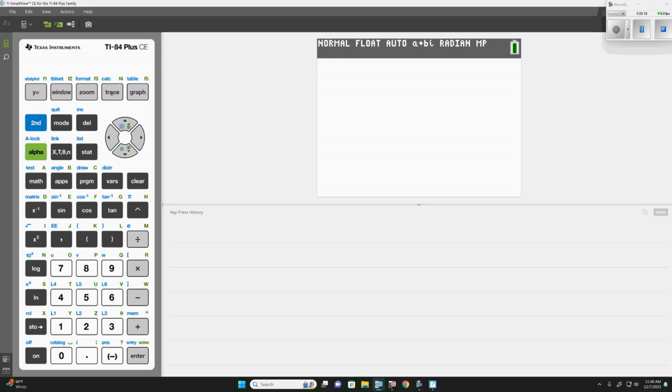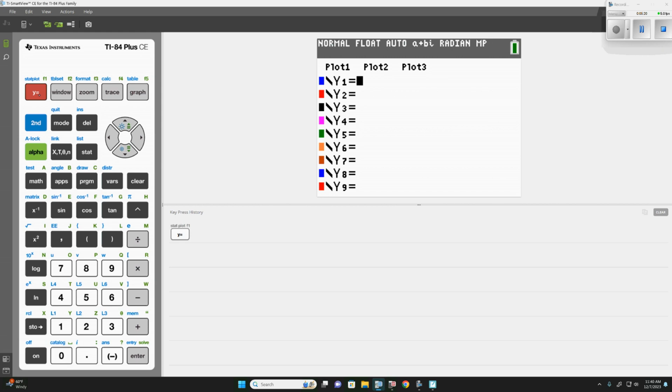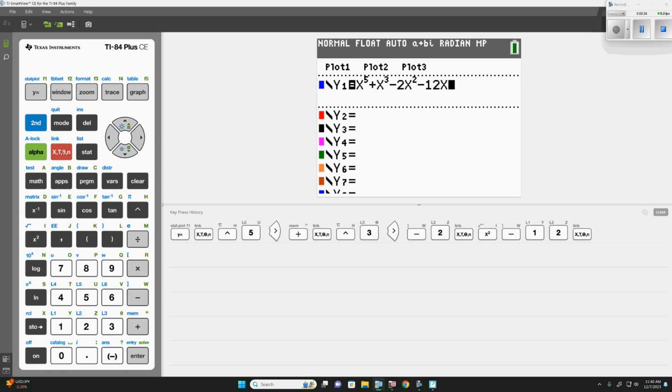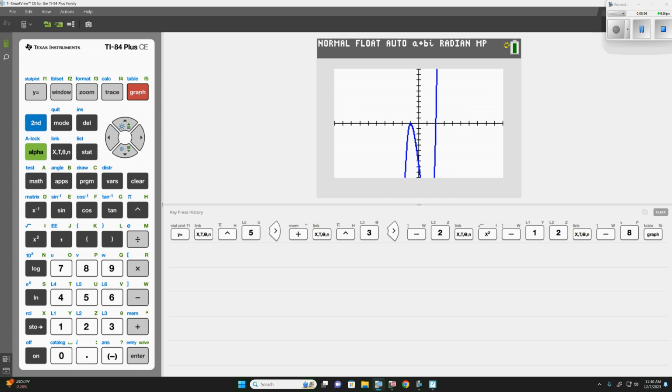So if we grab the graphing calculator, we'll hit y equals x to the fifth plus x to the third minus 2x squared minus 12x minus 8, and we type it in, we'll hit graph. And we do see that it touches the x-axis at one point, looks like -1, and crosses at 2.